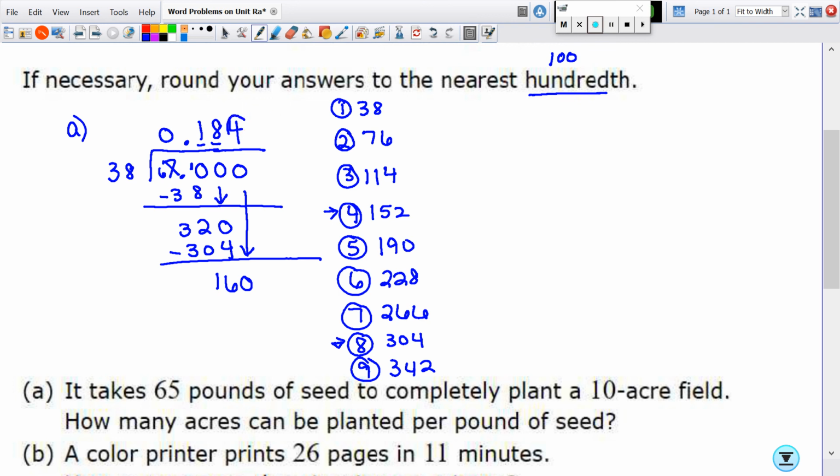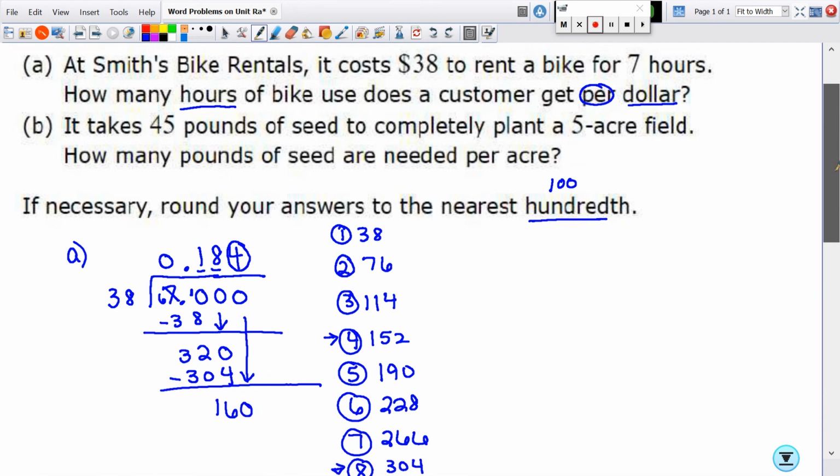The only reason I did this third number was to decide if that's going to be 18 cents or 19 cents, because either that's going to stay like it is or it's going to go up. So the rule is if the circle number is 5 or larger, you have to add 1 to the number in front of it. But we're not going to add 1 because it's not 5 or larger, it's smaller.